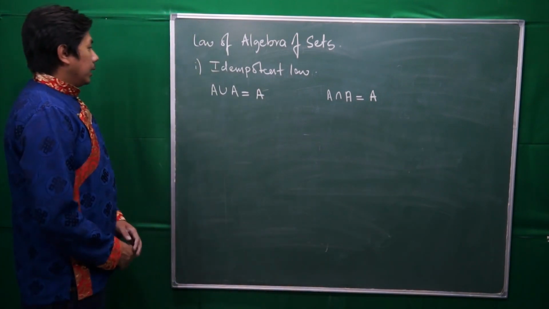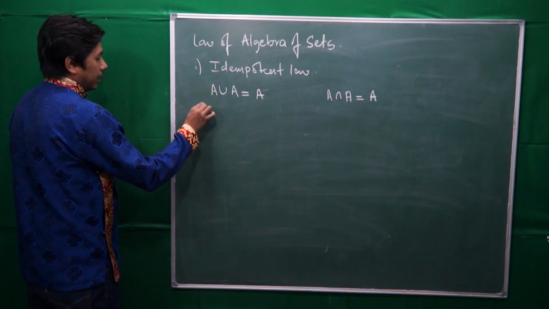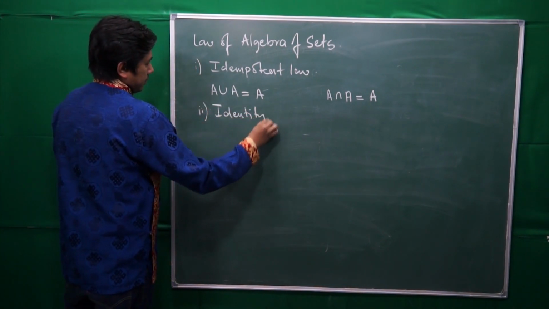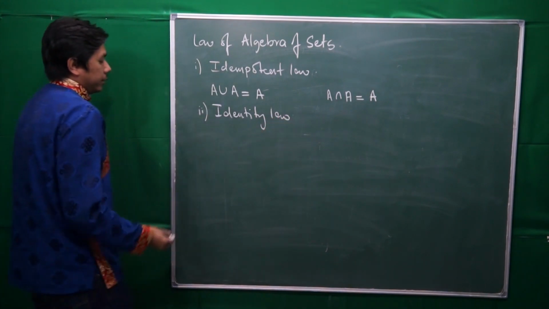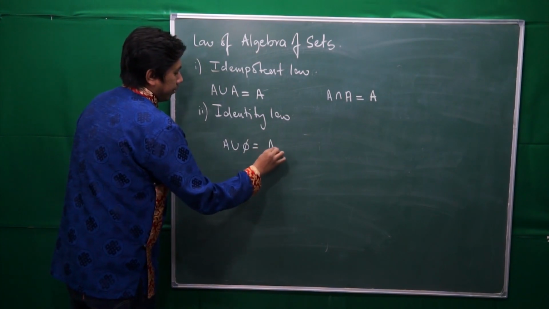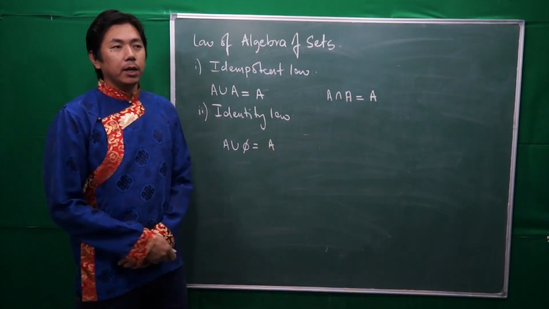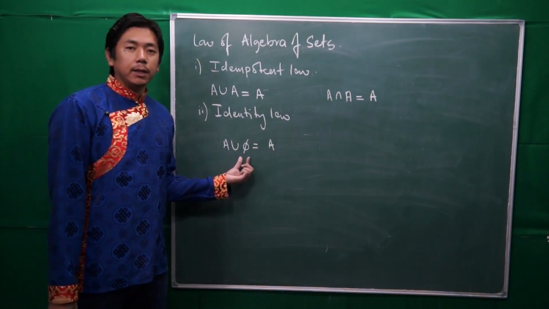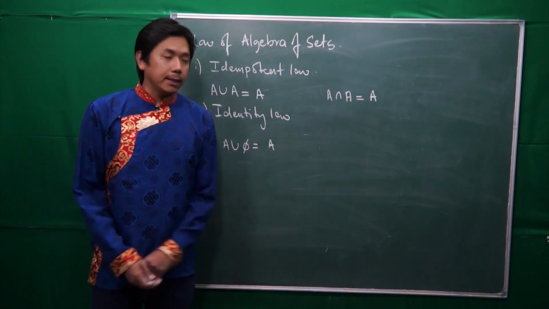Okay, next we have identity law. So A union with a null set would give me A. When A is operated by union with a null set, the resultant would be A itself.